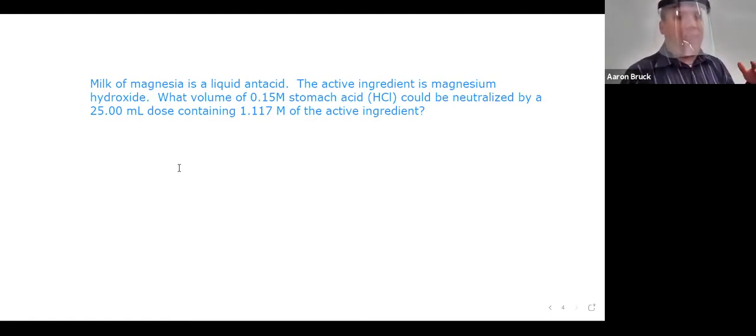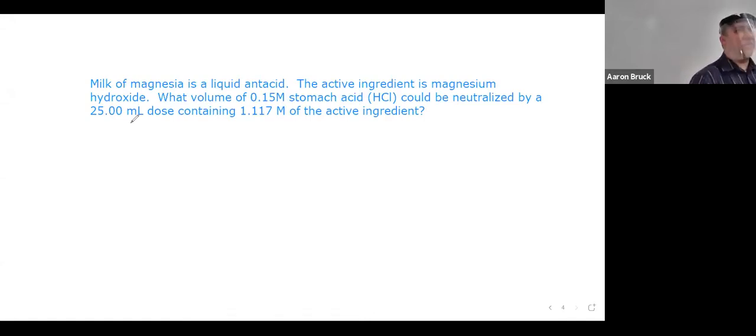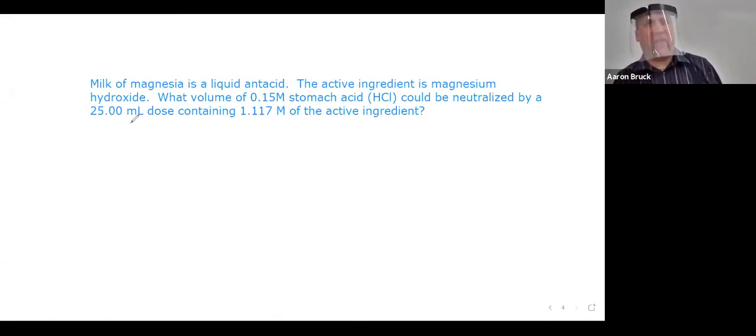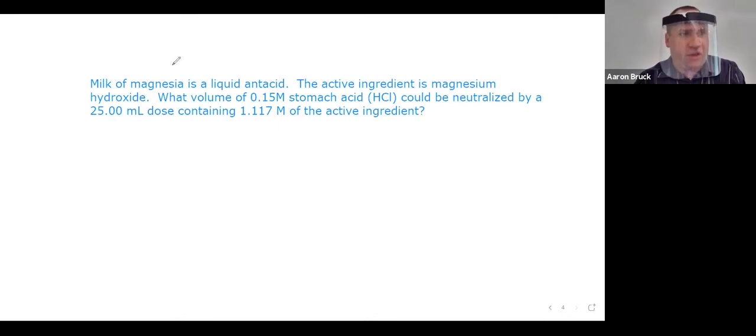And probably the most consistent issue with this problem on the quiz was the lack of balanced chemical equations. Because we didn't give you a balanced chemical equation, we wanted you to write one so that you could properly give us the correct ratios of each to each other.